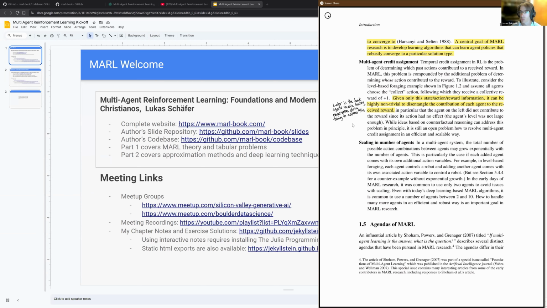Now, we talked before in RL about how to restore it. One way to restore it is to provide this history of the previous actions, but it's a lot of information, right? Because we have to provide the history of all the previous states of the environment and all the actions taken by the other agents.